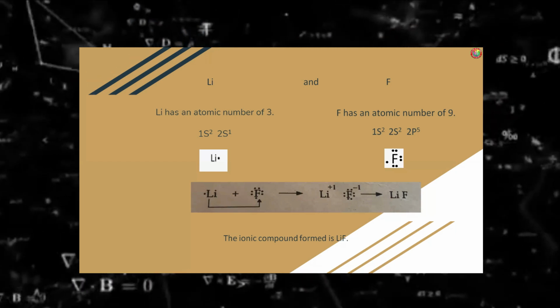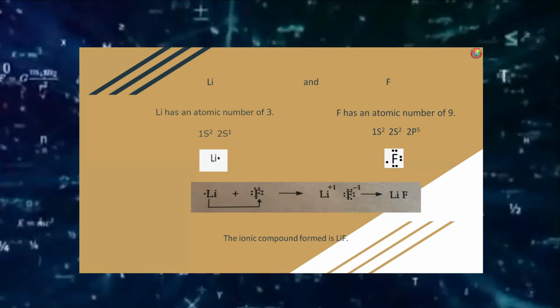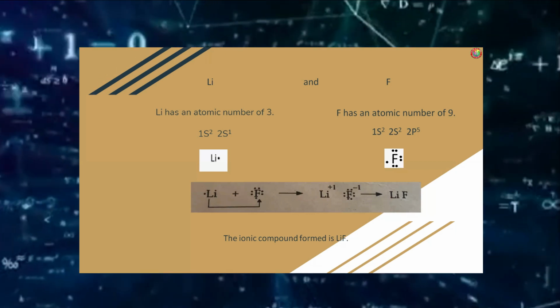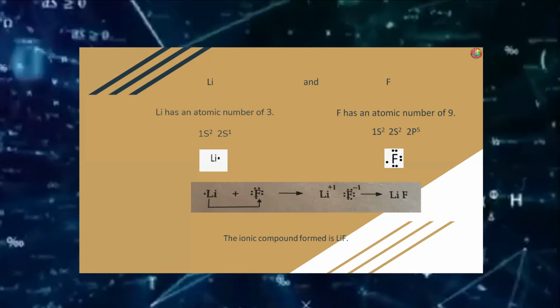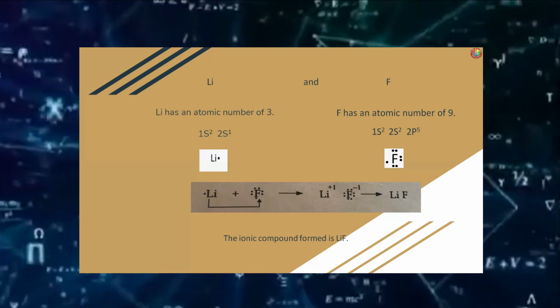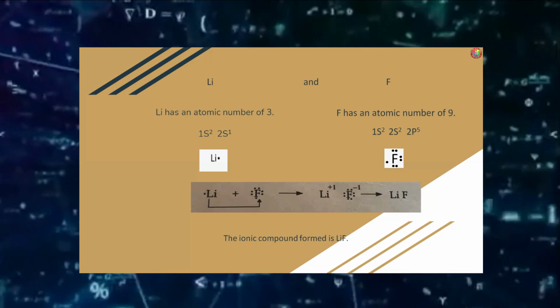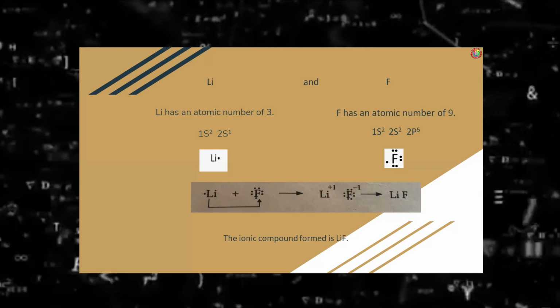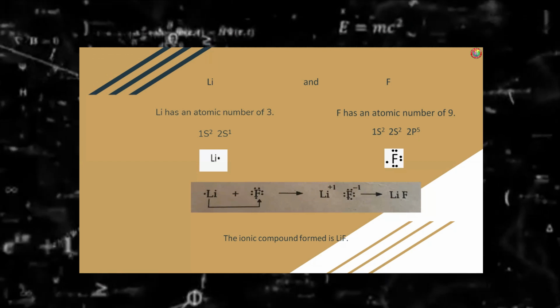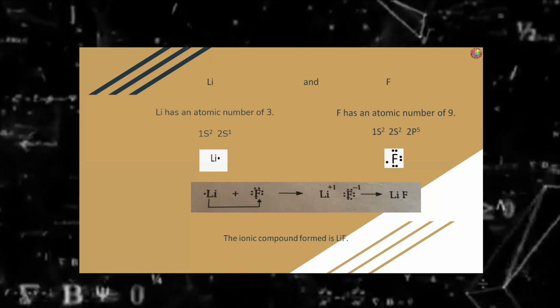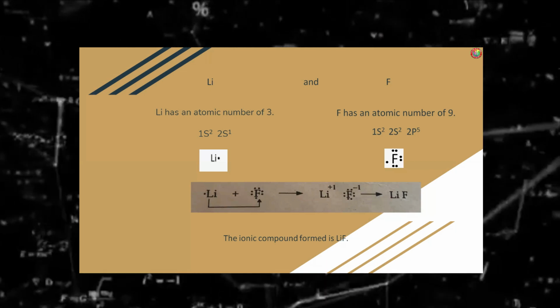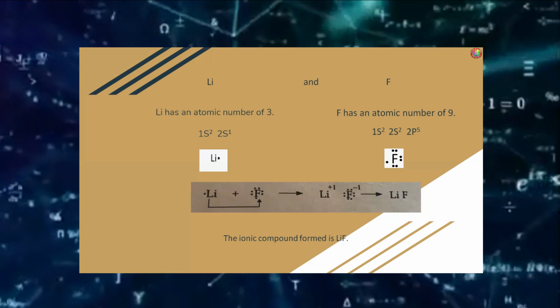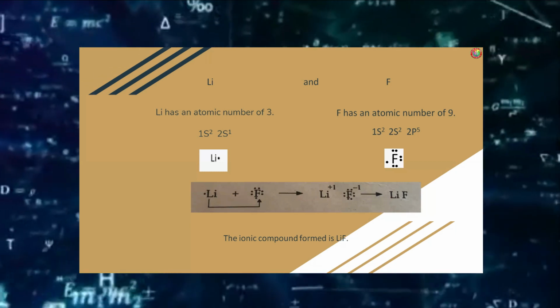So if lithium combines with fluorine, the product is lithium fluoride. In this case, lithium has to release one negative electron, while fluorine has to gain one negative electron. Note that the number of electrons fluorine must gain should be the number of electrons lost by lithium.